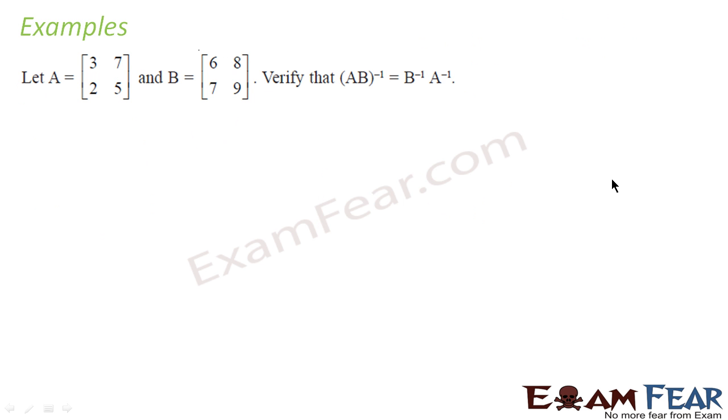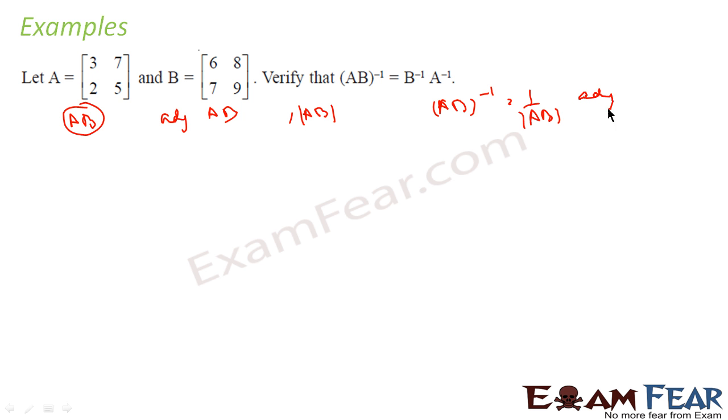This is also one simple example but a lengthy one. Here you have to verify that the inverse of AB is equal to B inverse into A inverse. So what we can do is find AB first, then find the adjoint of AB, and then find the determinant of AB. Then we can find the inverse of AB, that is nothing but 1 by this determinant into the adjoint of AB.